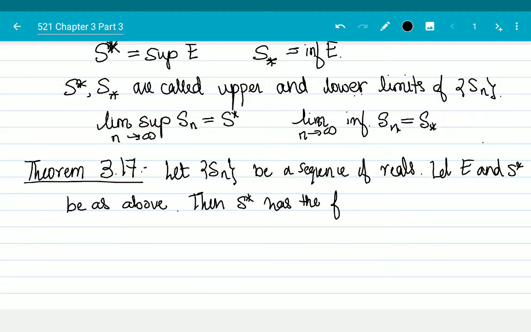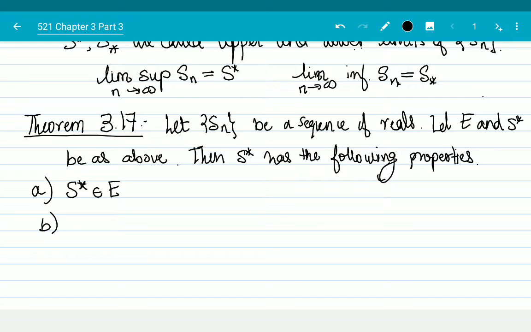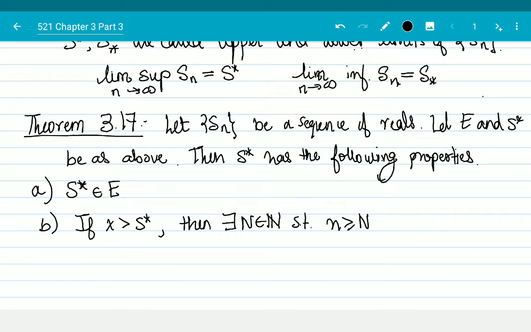A, S star belongs to E, and B, if x is greater than S star, then there exists N belonging to the naturals such that n greater than or equal to N implies Sn strictly smaller than x.